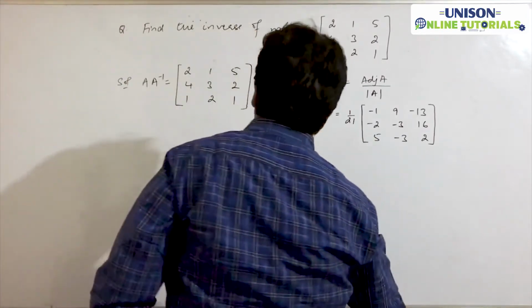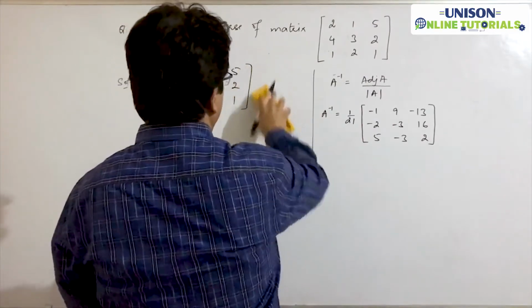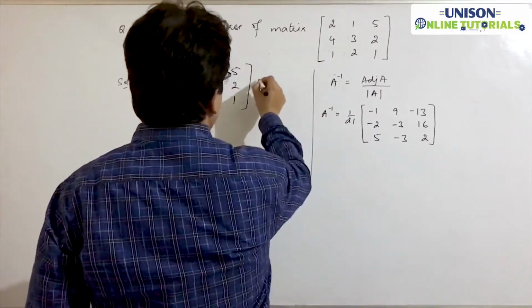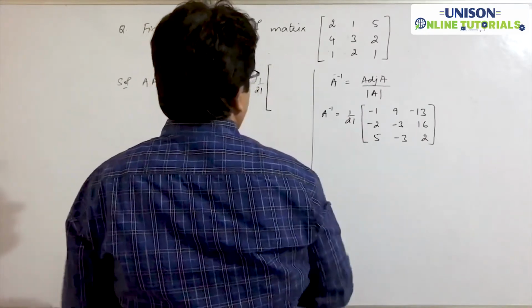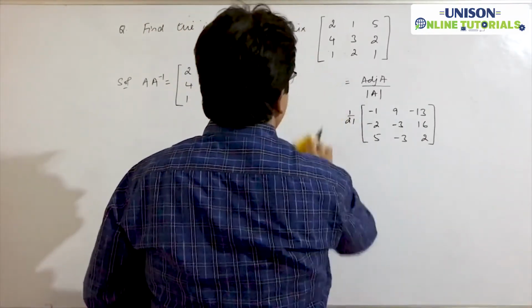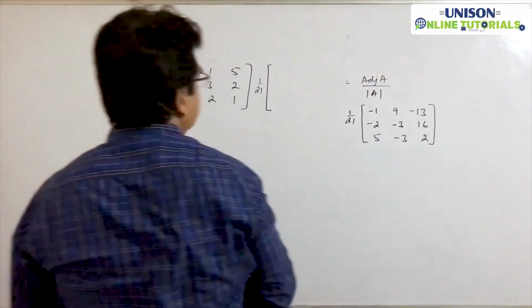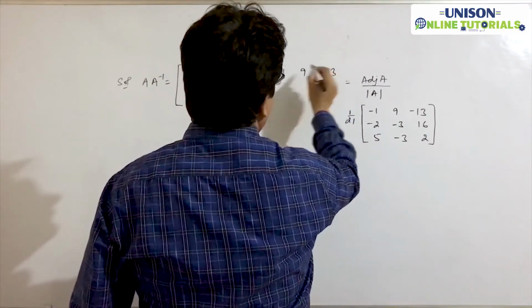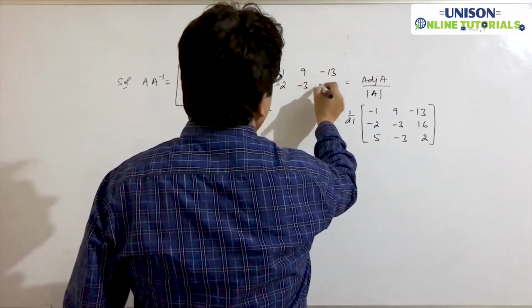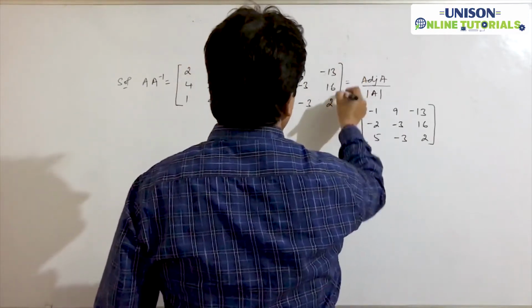It is A into A inverse, that is 1 by 21 times the matrix minus 1, 9, minus 13, minus 2, minus 3, 16, 5, minus 3, 2.